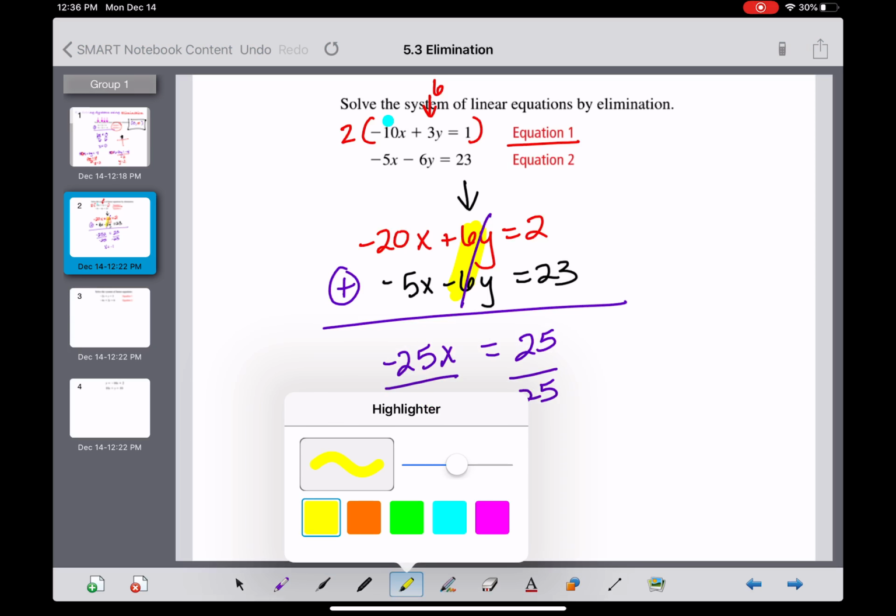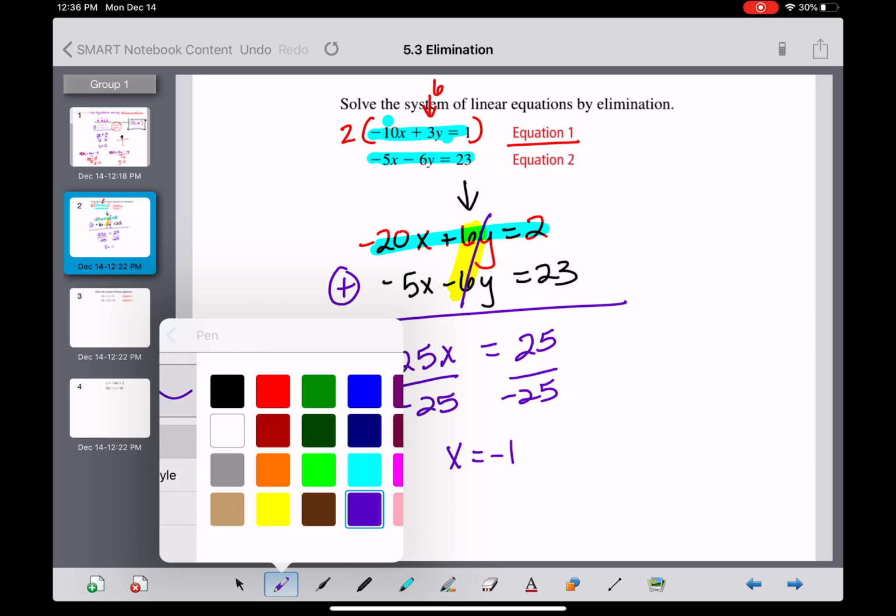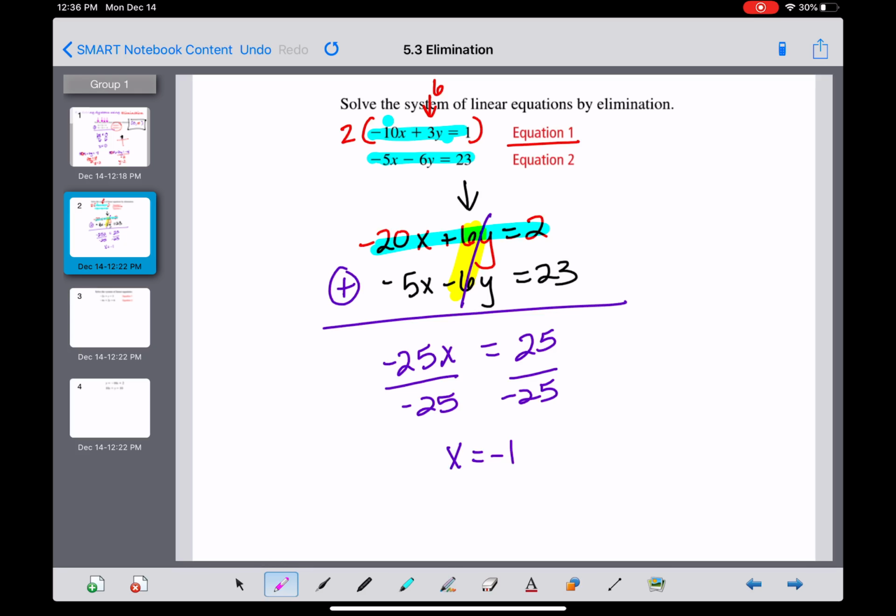Now I have 3 options that I can plug into. I can plug into equation number 1, I can plug into equation number 2, or I could even plug into my multiplied equation. I'll get the same answer no matter what. So I'm just going to plug into equation number 1 just to choose something. So I know x is now worth negative 1.